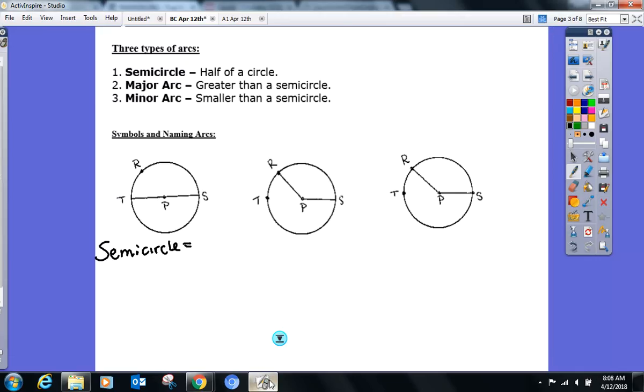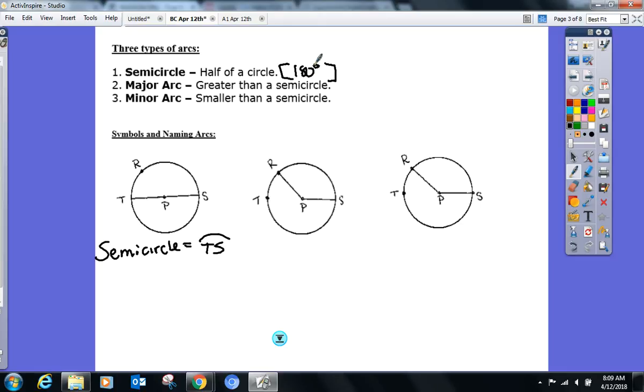Number 9. Name a semicircle up here. TS. Fine. And I know which arc he's talking about because I go right from, ready everybody? T to S. Is there another semicircle here? Name it. TRS. Yep, good. And just make a quick note. Anybody know how many degrees in a semicircle? Half of 360, right? 180 degrees.